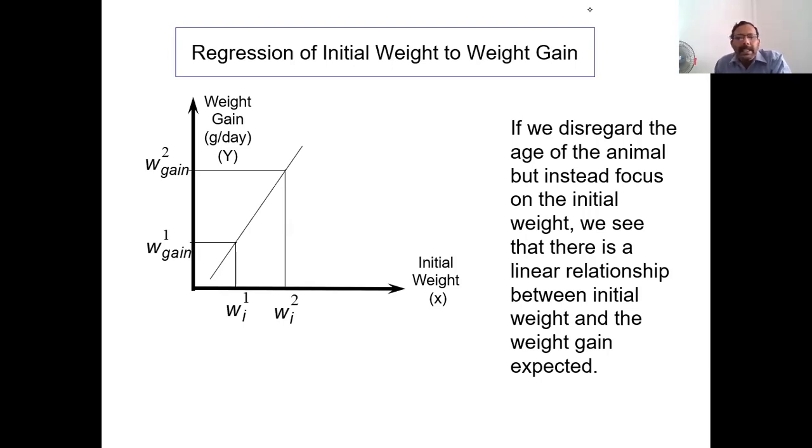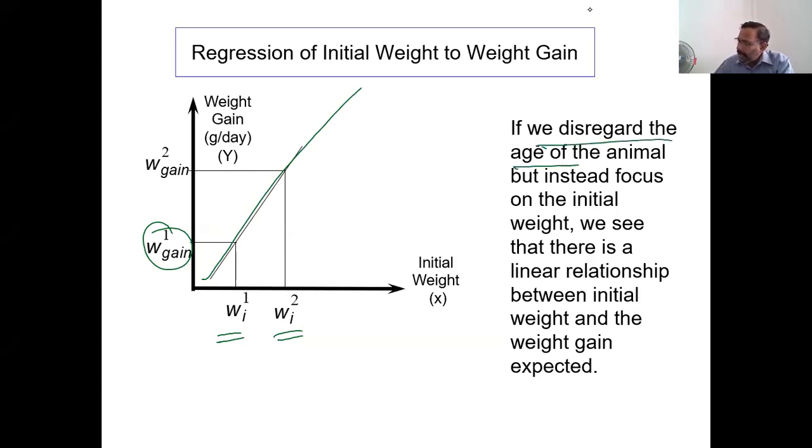We are comparing the initial weight. So this is the initial weight and the weight gain. The relationship between initial weight and the weight gain for each animal is linear.